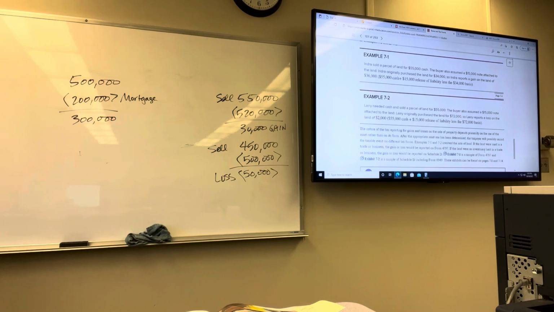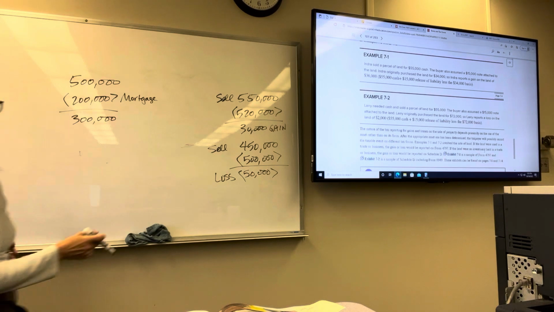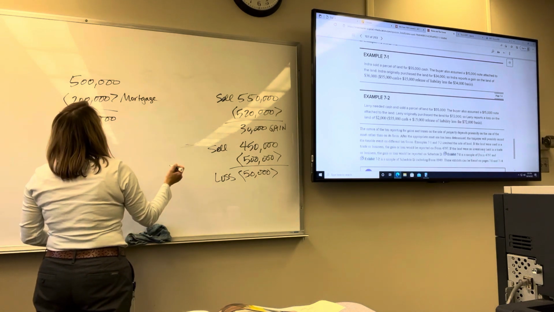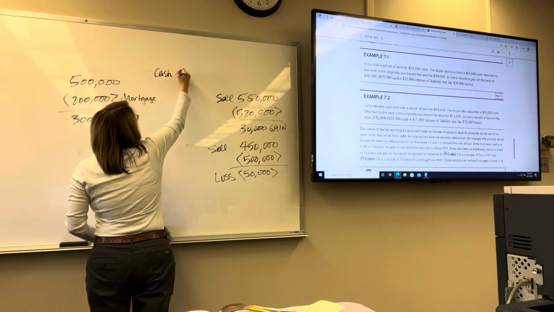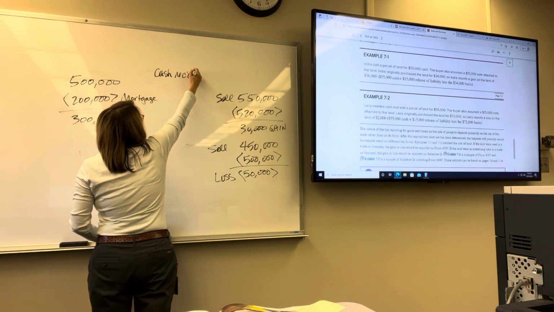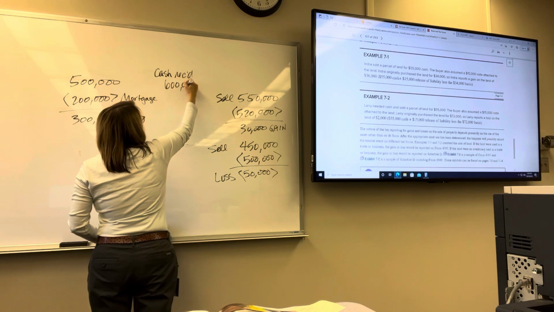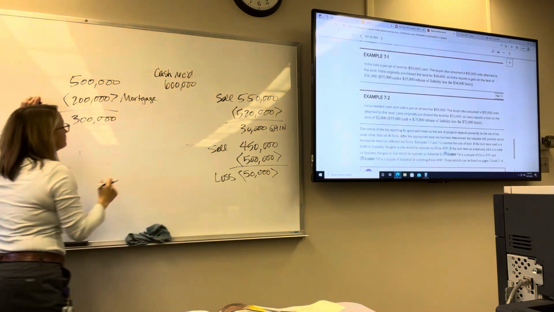Okay, so this is we've got $500,000 for our basis, $200,000 of mortgage. Let's say we received cash of $600,000 for this property.